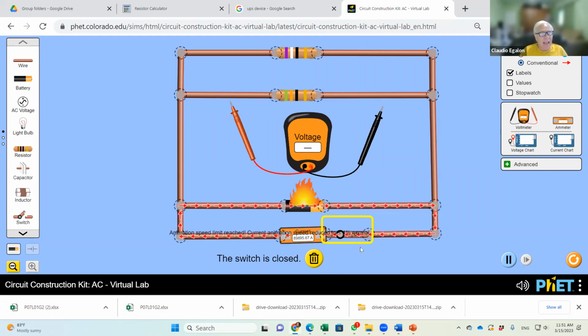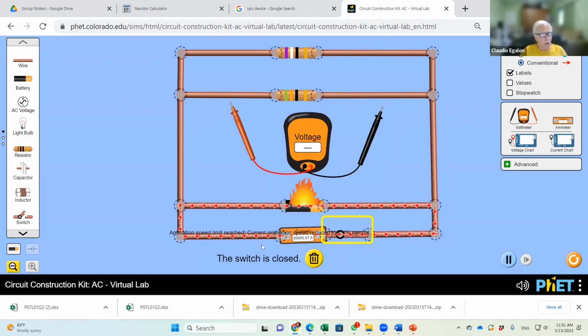That's a very high current. Because this is a virtual device, it didn't break down yet. And it's written here, animation speed limit reached. Current animation speed reduced, to whatever percentage of normal.